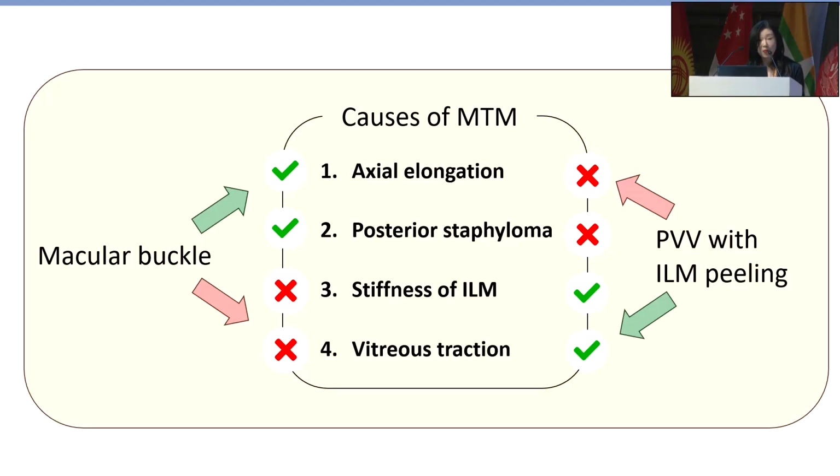It pushes the macula forward, shortening the axial length, and it's said to improve staphyloma. However, ILM stiffness and vitreous traction remain unaffected. In contrast, vitrectomy does not change axial length or staphyloma, but removes the ILM and relieves the vitreous traction.